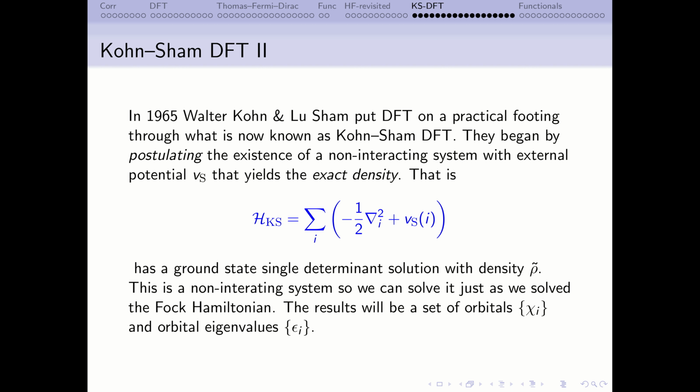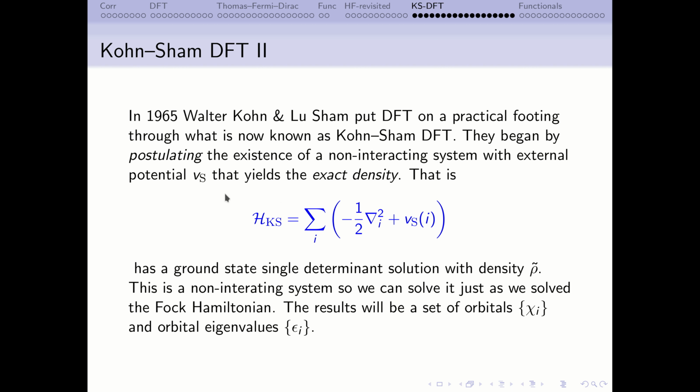Now, what Kohn and Sham did in '65 was to say, let's postulate the existence of a non-interacting system in an external potential Vs. This is much like the Hartree-Fock potential, except it's a different external potential. It's not the Hartree-Fock one. This system is non-interacting, which means there is no electron-electron operator. Instead, we have quasi-particles.